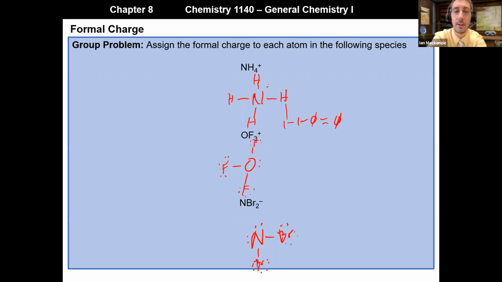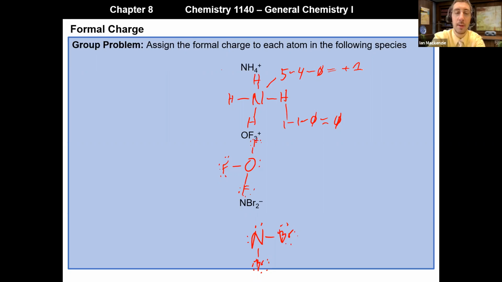Nitrogen, on the other hand, 5 valence electrons, minus 4 bonds, minus 0 unshared electrons, there's no lone pairs, gives me +1 for its formal charge. And so I can assign the charge in this molecule as residing on nitrogen.